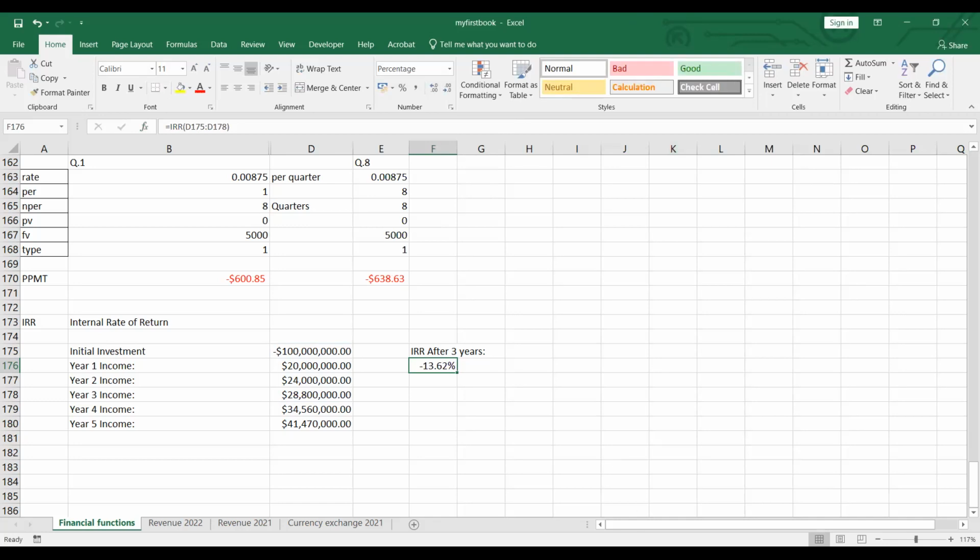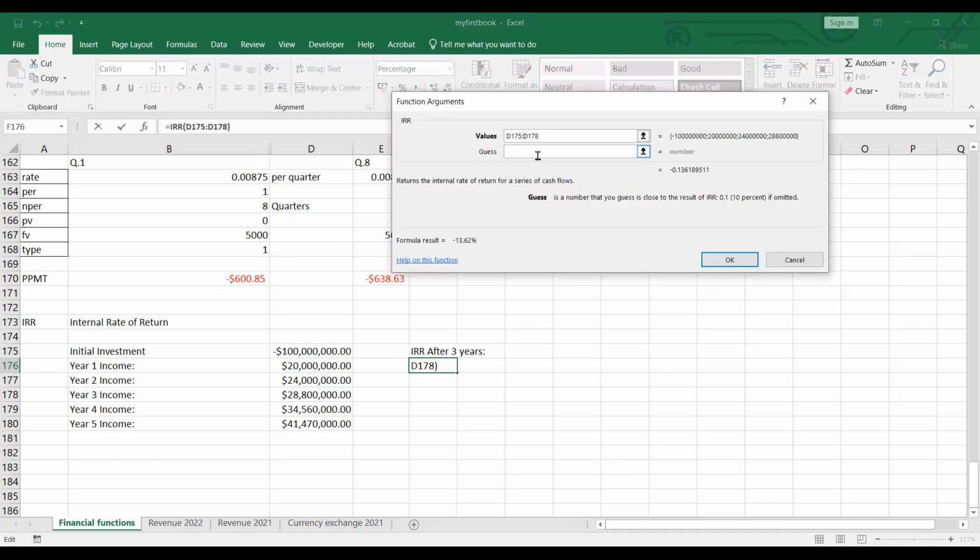Then I add the decimal points too. For guess, I don't put anything, because guess is where we provide a guess value when we already know the result of the IRR beforehand. If you omit it, it uses 10% by default.